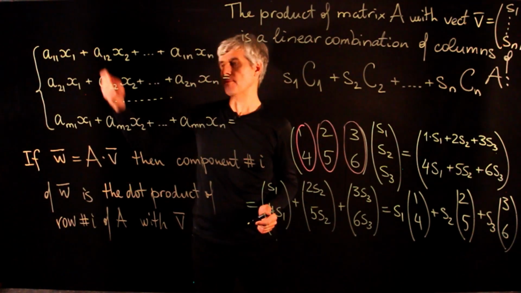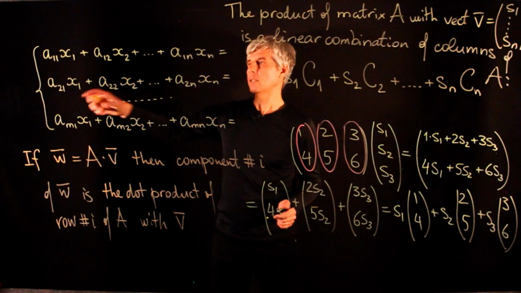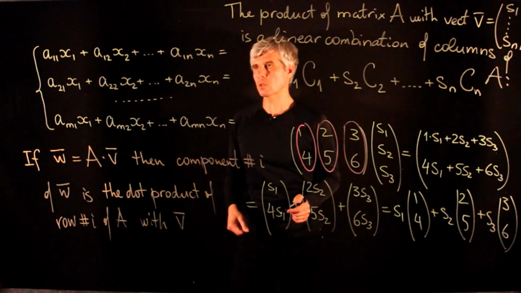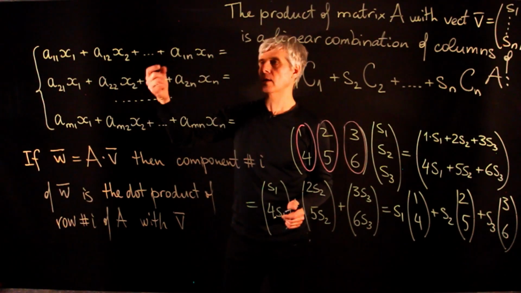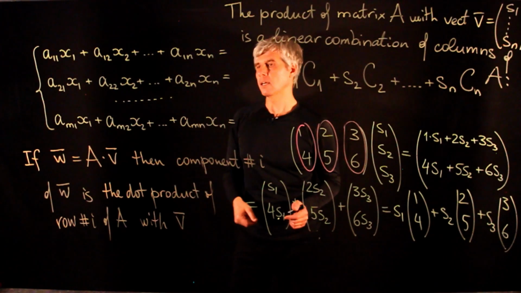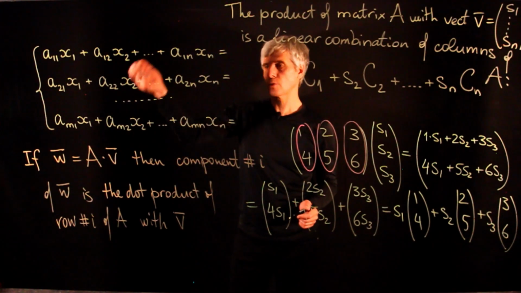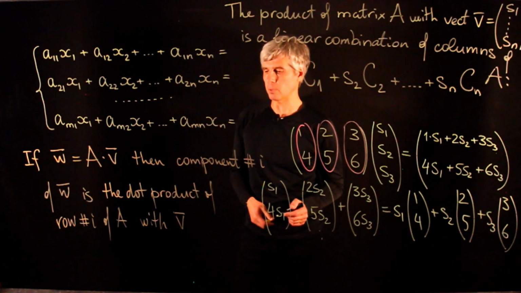Now, what we see here is that we have 2 descriptions of the product of a matrix with a vector, or maybe 3. The first one is by means of a substitution: we think that we are substituting values of unknowns into the left-hand side of a system of linear equations.